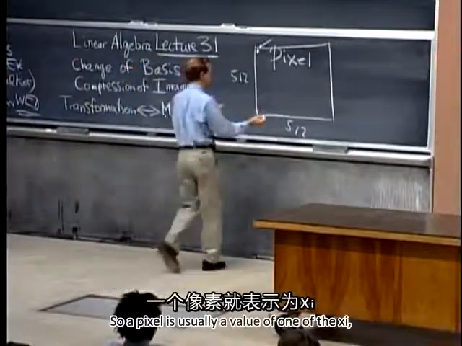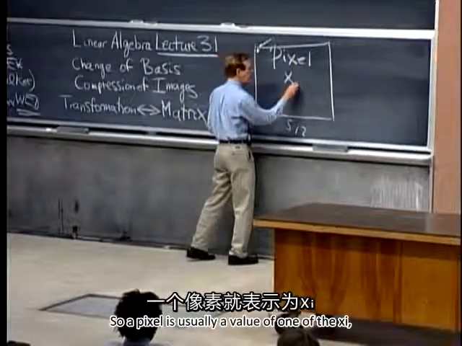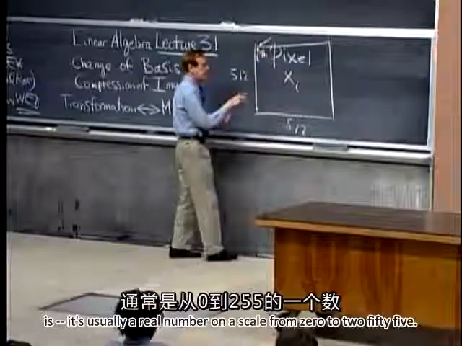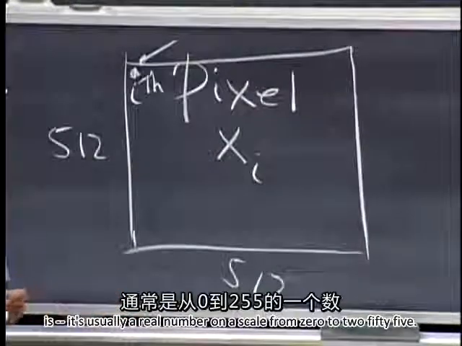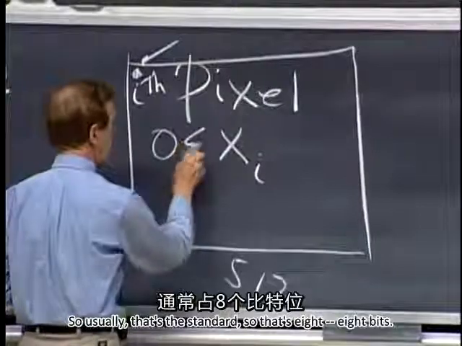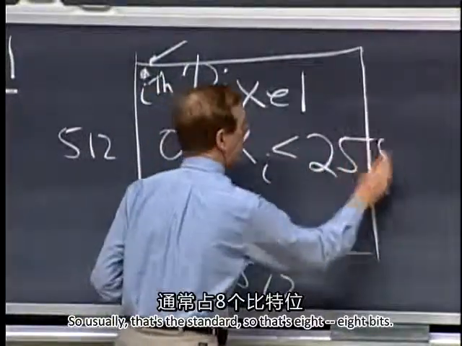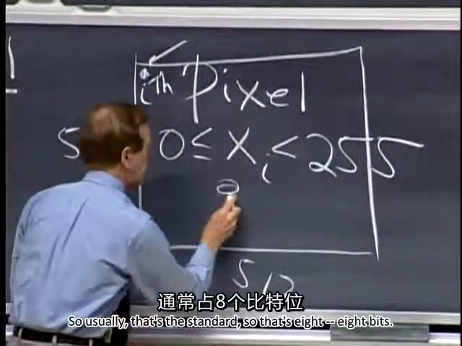So the pixel is usually a value of one of the x_i, the ith pixel. It's usually a real number on a scale from 0 to 255. In other words, 2 to the 8th possibilities. So usually that's the standard. So that's 8 bits.